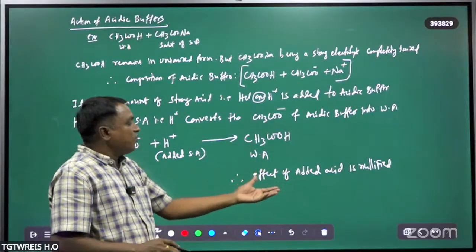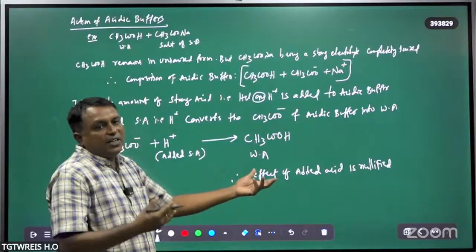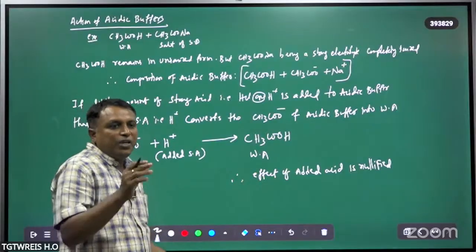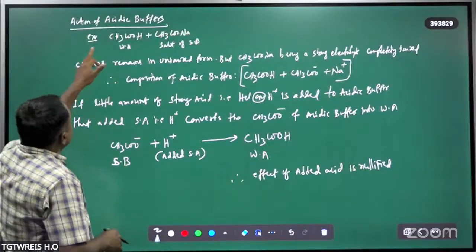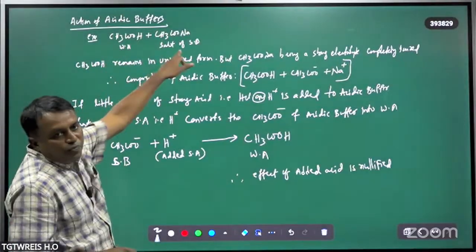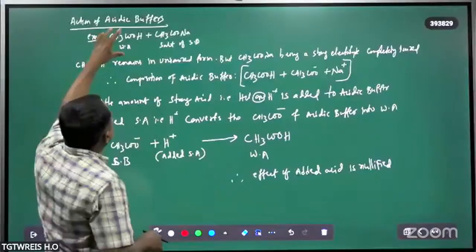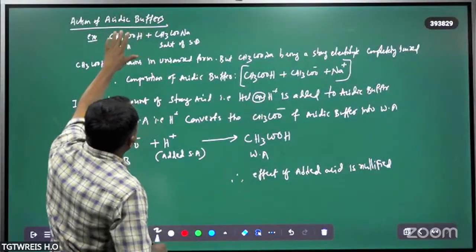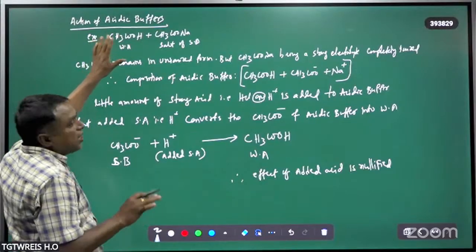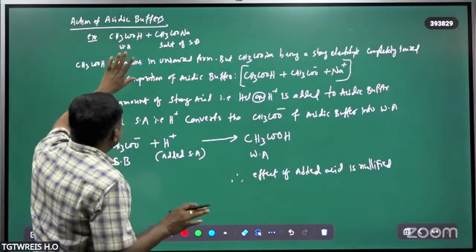Therefore, the added acid effect is negligible in this case. Suppose CH3COOH plus CH3COONa has some pH; that is the buffer pH.